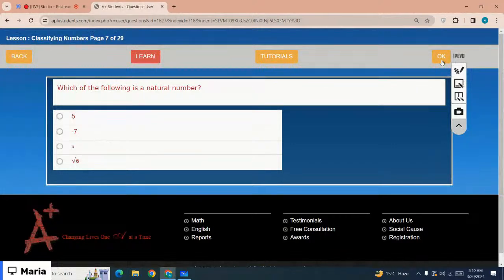Which of the following is a natural number? Which is the correct option? The correct option is 5 is a natural number, right?